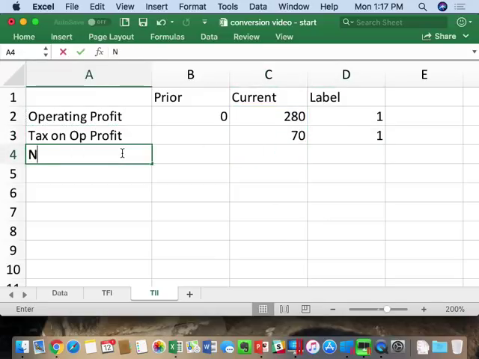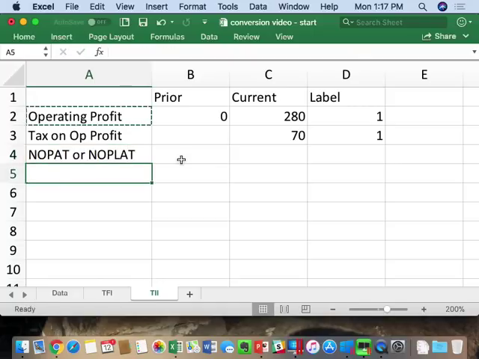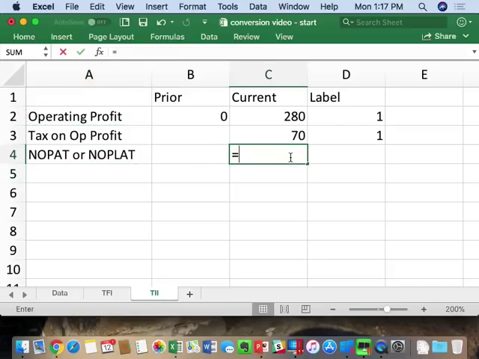So our NOPAT, or McKinsey calls this NOPLAT, those are pretty much interchangeable terms. NOPLAT's the McKinsey term, NOPAT's the rest of the world generic term, basically is 210. I make 280, I pay 70 in taxes, I have 210 of after-tax profit from operating activities.